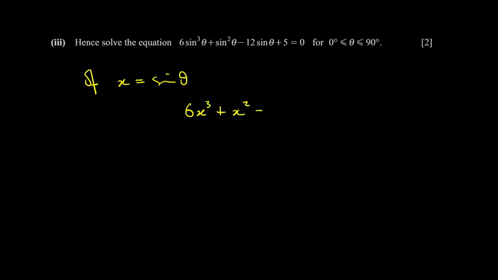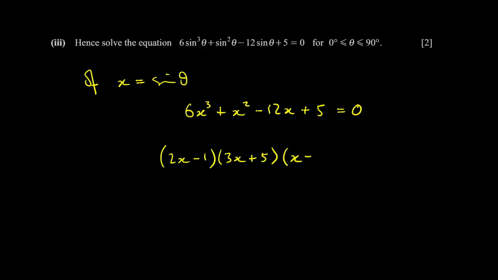So it's recognizing that this question, part 3, is connected to what goes before, and the key to that, of course, is the word hence. And we've just found out that we can write this polynomial as 2x minus 1 times by 3x plus 5 times by x minus 1, I think.